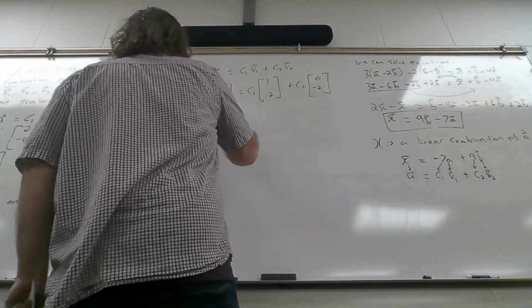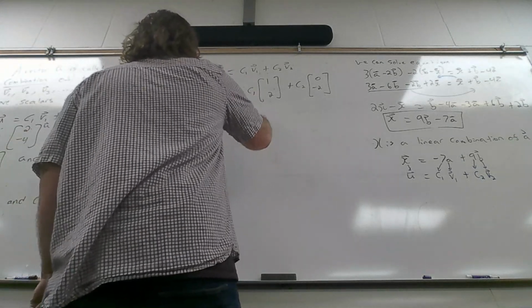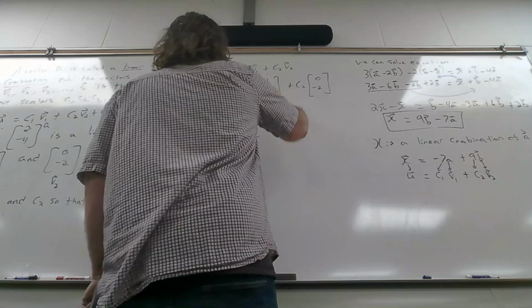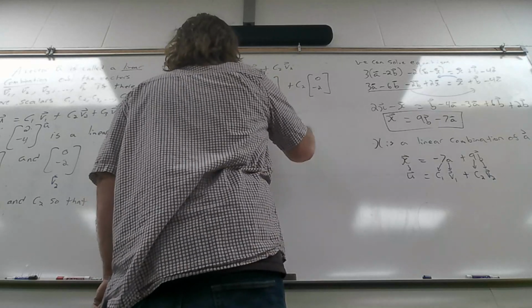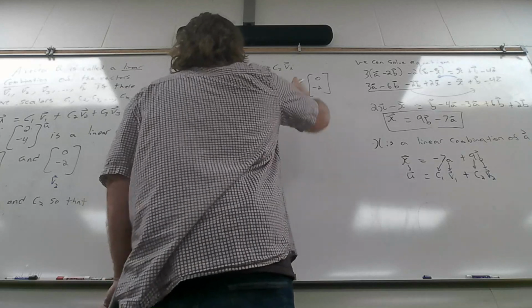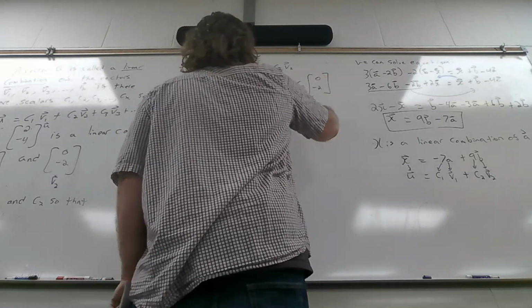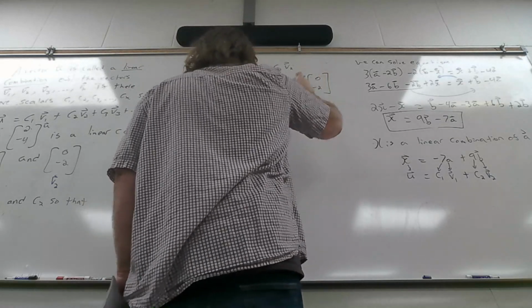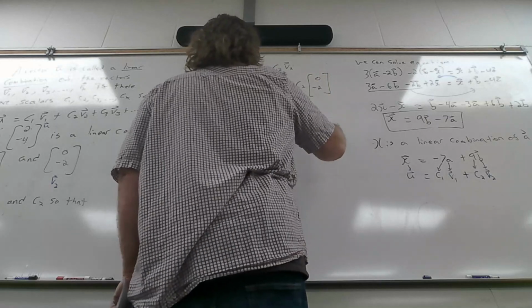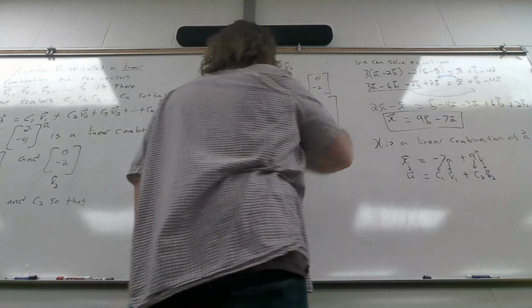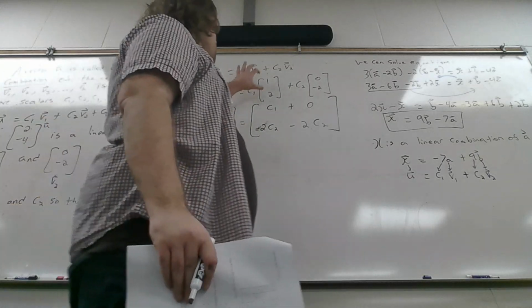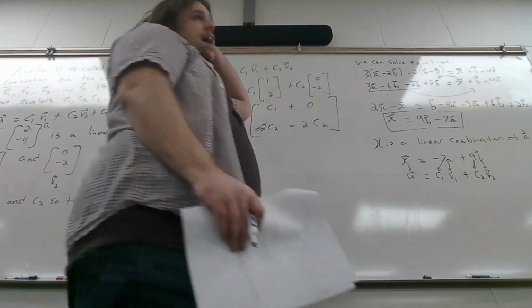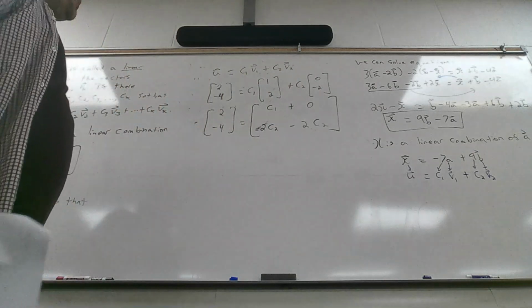So let's collect stuff together a bit more. We can multiply this in. We get C1 and 2C2. This goes in here and gets added to this. Well, that's a 0. This is minus 2C2, like that. Again, this is just from multiplying these into the vectors and then adding them up, which we're allowed to do.